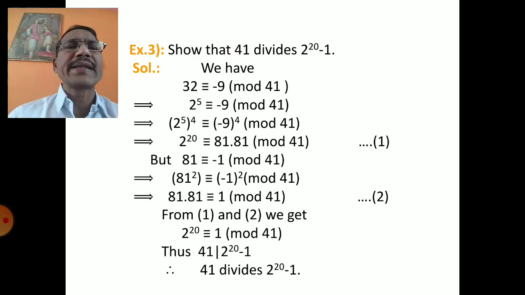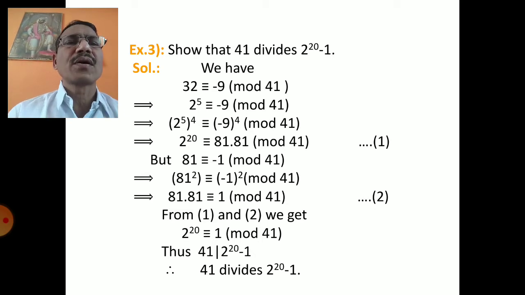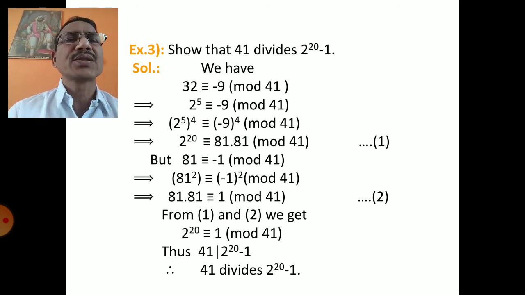Now we know the property that A is congruent to B mod n and B is congruent to C mod n, then A is congruent to C mod n.